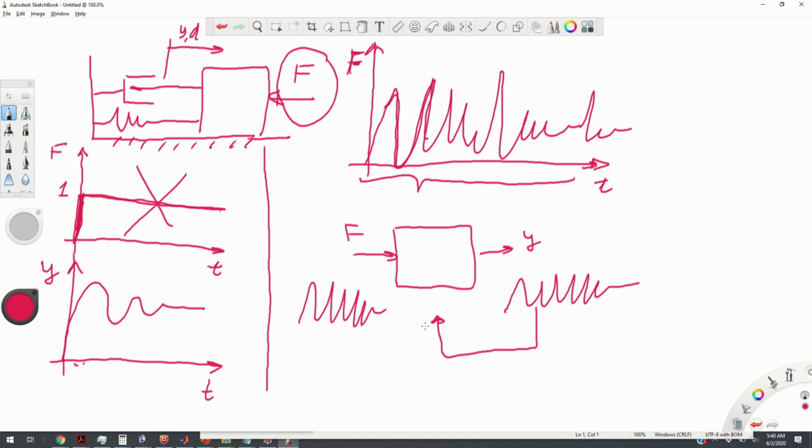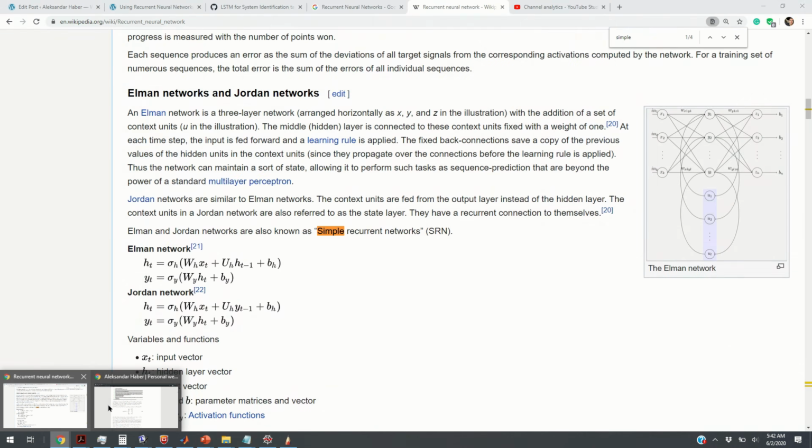For machine learning, it's better to choose an input signal, or force signal, that is random.